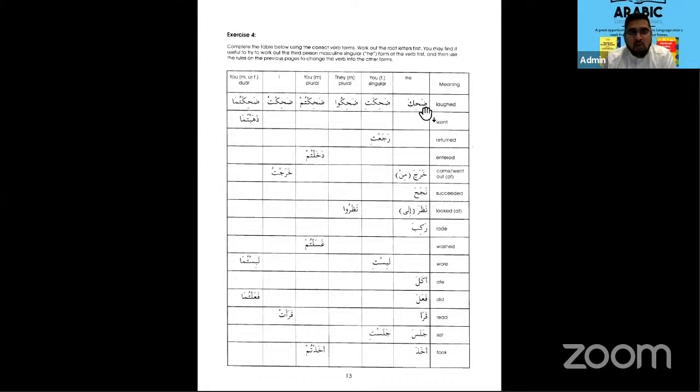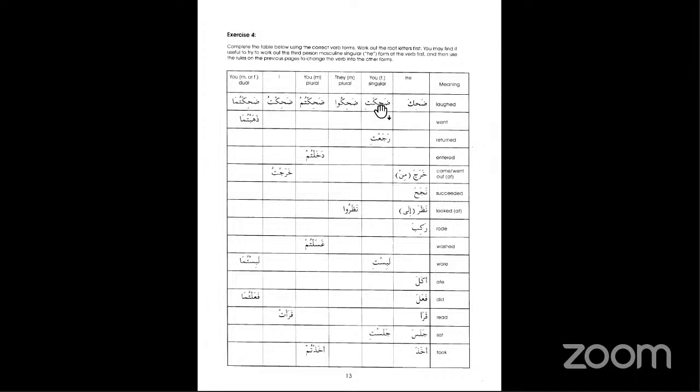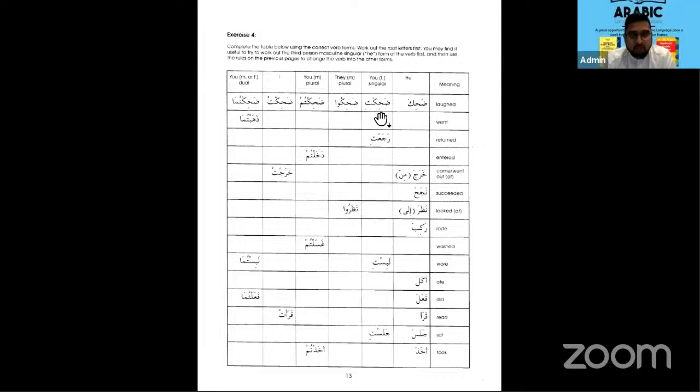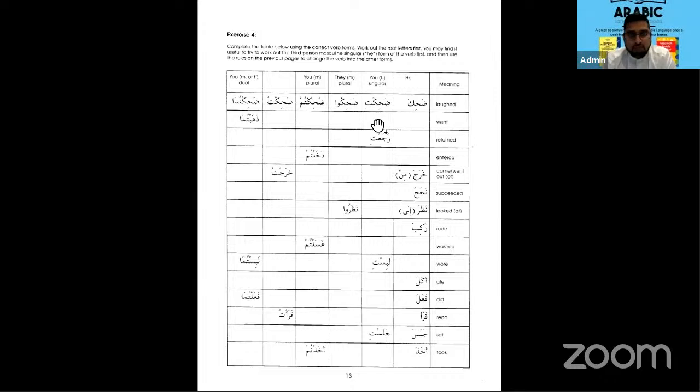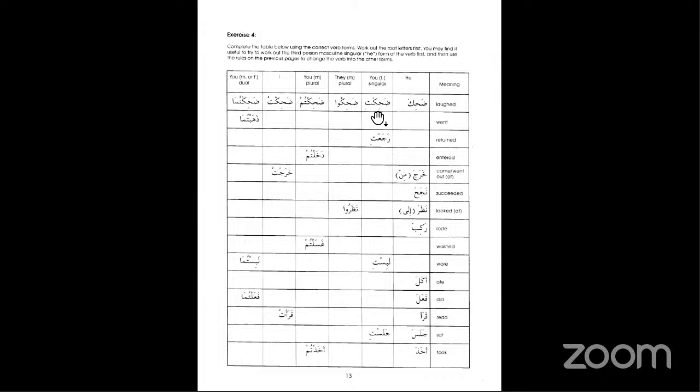The word dhahika means he laughed. Yes. And what does the next one mean? Dhahikti. You laugh. Who laughed? Boy or girl? You laughed, female. Good boy. Next one.